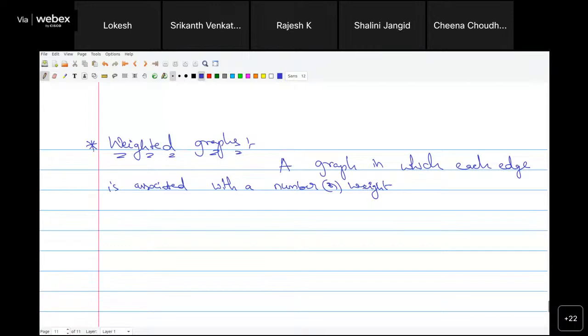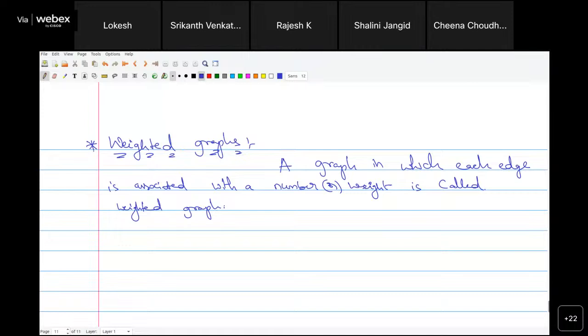Right till now, whatever you have seen, each and every edge carries equal weight, so we didn't mention any number for any edge. But weighted graphs mean each edge is associated with a number or weight, and this kind of graph is called a weighted graph.